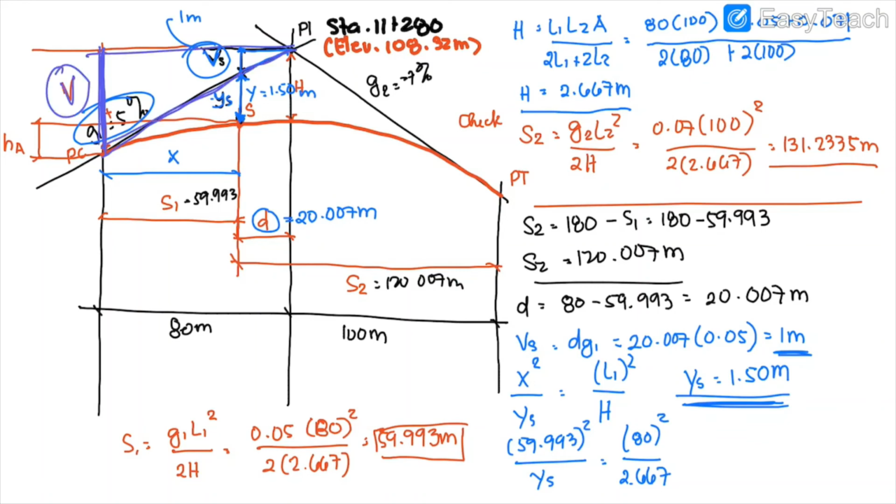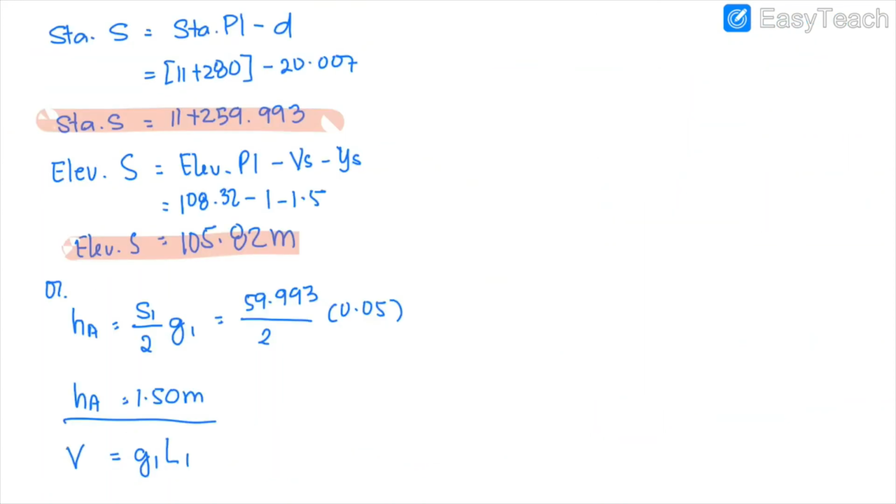Compute natin si V. So, that is 0.05 times 80 meters. 0.05 times 80 is now equal to 4 meters.